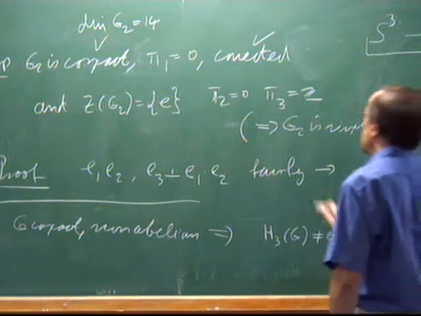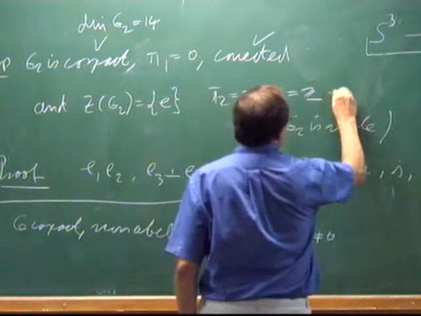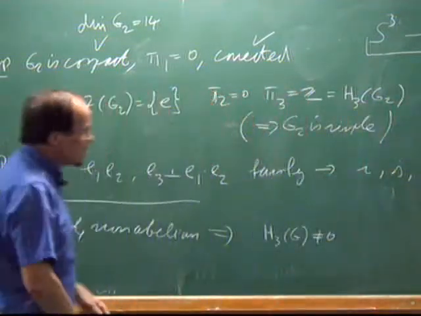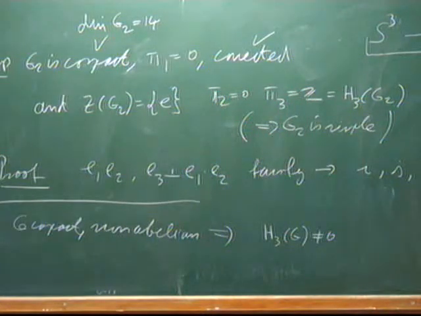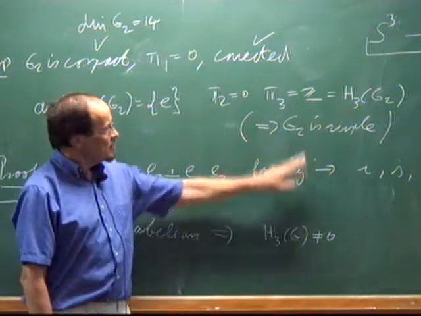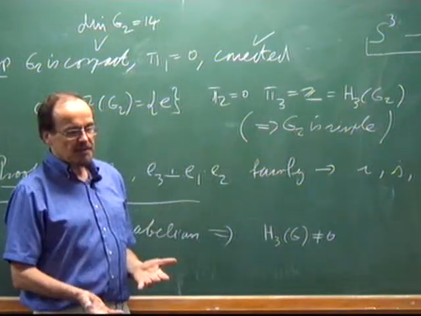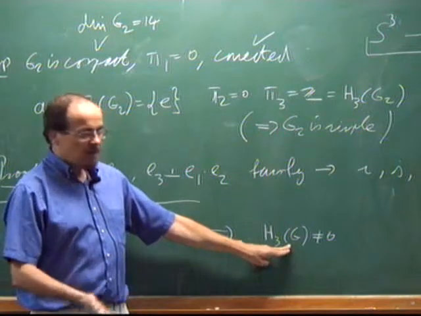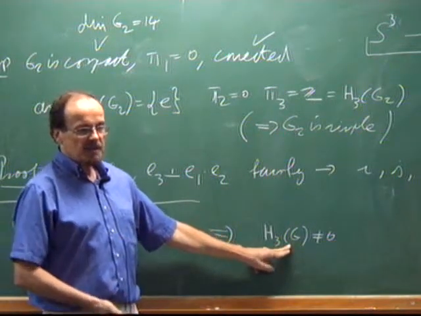Notice here pi 1 is 0, pi 2 is 0, pi 3 is Z. That's the same thing as H3 of G by the Hurewicz isomorphism theorem. But for every simple Lie group, H3 is non-zero. If it wasn't simple, it would be the product of two simple things, at least up to covers. But then H3 would be Z plus Z, or would certainly be bigger than Z.